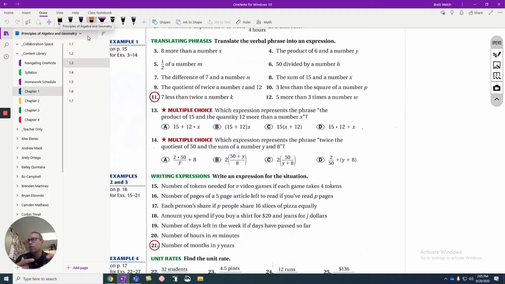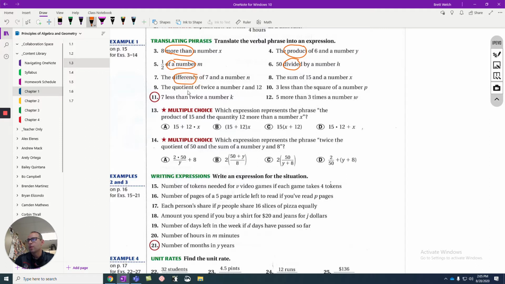It's really important that we look for certain key terms. For instance, more than, product, divided, of a number, that means something.